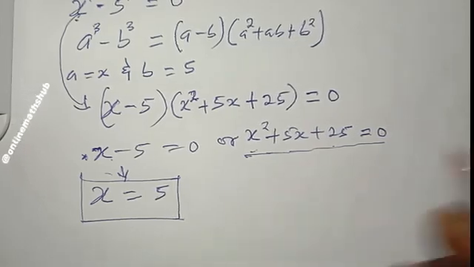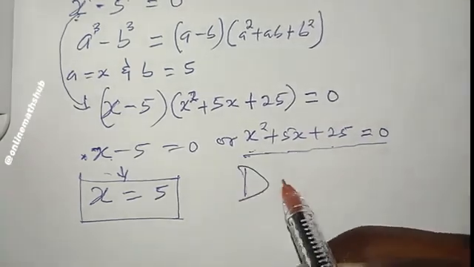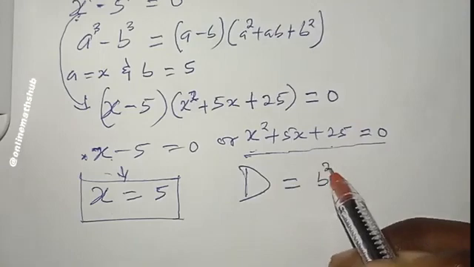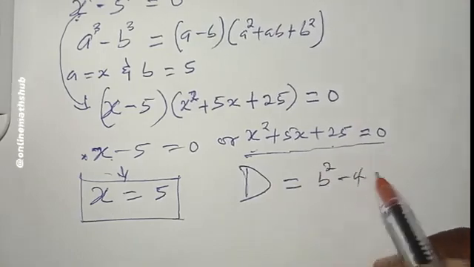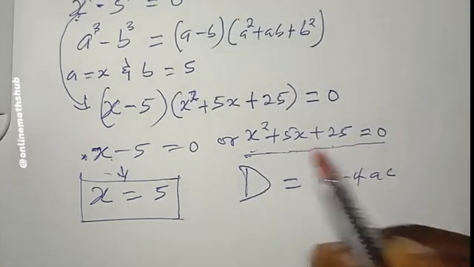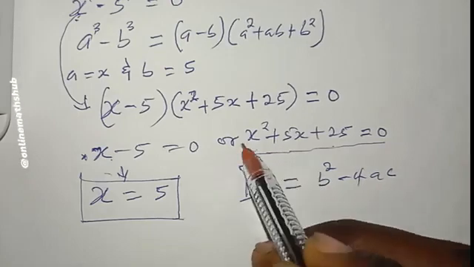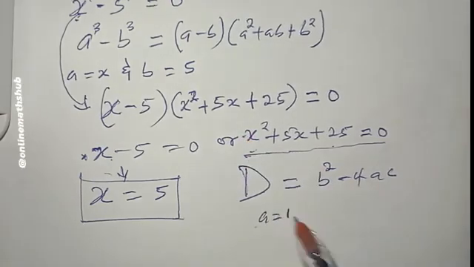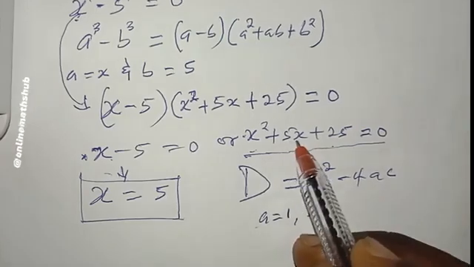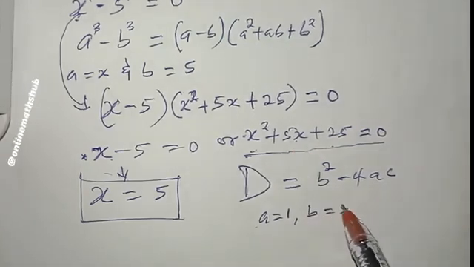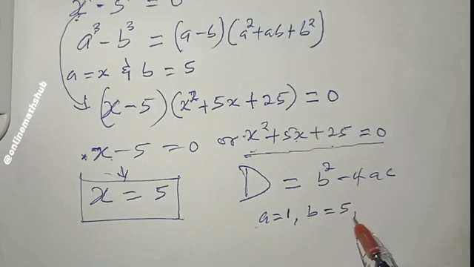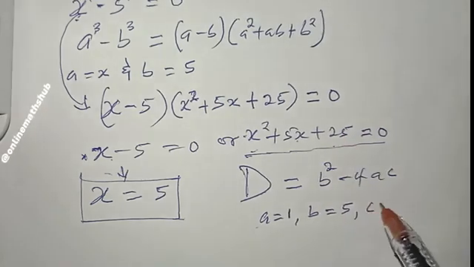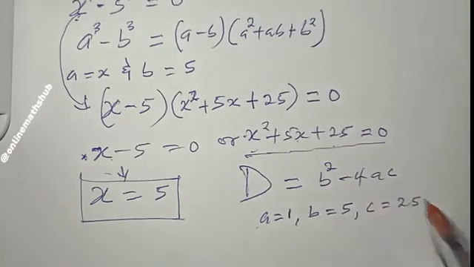To compute the discriminant, D is equal to b squared minus 4ac. In this case, a is the coefficient of x squared, so a is equal to 1, and b is the coefficient of x, which in this case is equal to 5, and c is the constant, which is equal to 25.